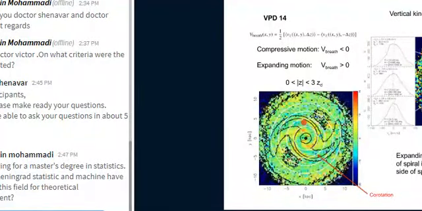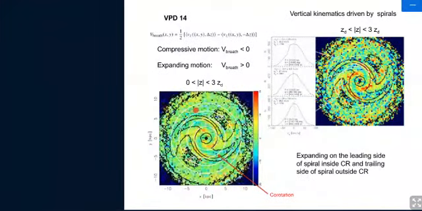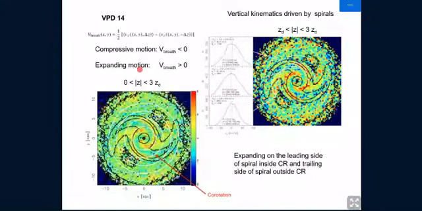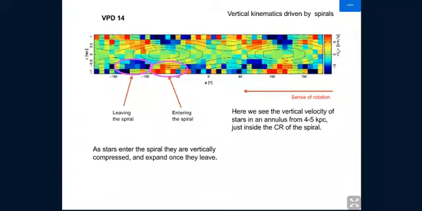At larger radii, you see more of these bluer colors, and so basically at co-rotation, you've had this inversion. Now here, stars are being overtaken by the spiral, and it is in those regions, therefore, that the motions are towards the midplane. This is if we include all the stars, everything from 0 to 3 scale heights. If we ignore the stars near the midplane, and the motivation for that, as I come back here again, is you'll see that there's very low motion over there.